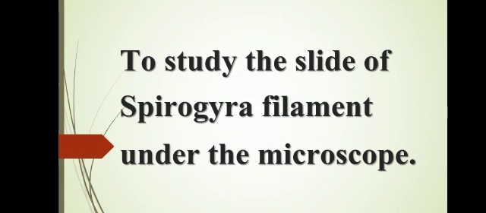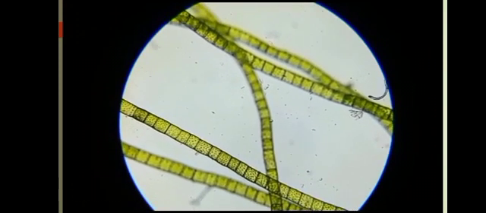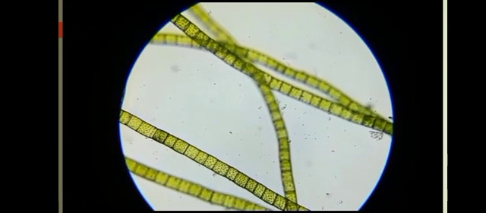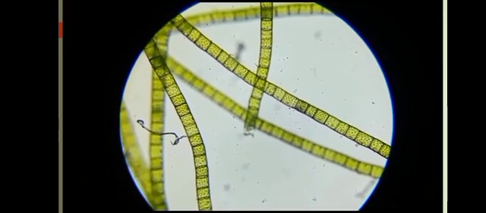Now we will see the filamentous structure of Spirogyra under the microscope. So for that we have to collect the Spirogyra from stagnant water bodies, and if we put it under the microscope, then we can see the filamentous structures.